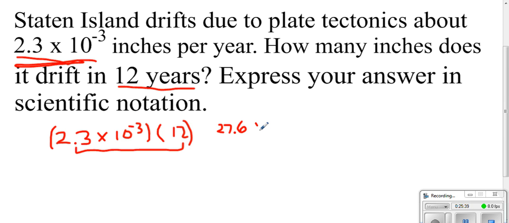And it is times 10 to the negative third. There is a problem with that because it is not in scientific notation. This number here is supposed to be between 1 and 10. It is not. You have to make it between 1 and 10. So that means I'm going to move that decimal, and I'm going to make this number smaller. Since I made that smaller, I am going to make this larger.